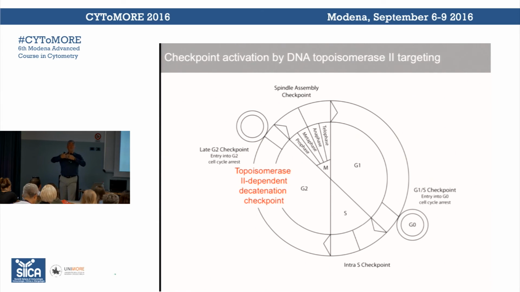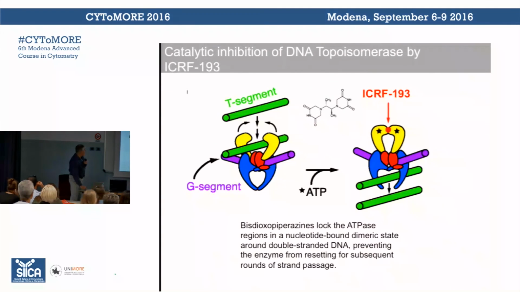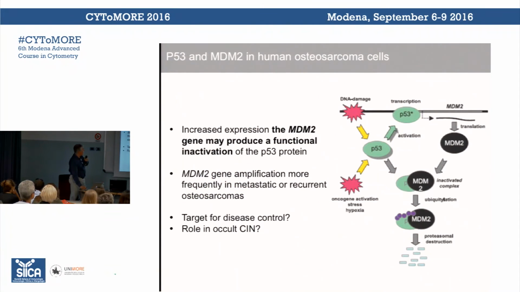You know, there's the checkpoint that is, when it's disrupted, does not allow chromatin molecules to segregate, and therefore they go into a permanent arrest, or they go through mitosis and fail in mitosis and they kill the cell. Right. So if you inhibit this, for example, there's different ways of doing that in inhibition. Here's with a catalytic inhibitor called ICRF193. It blocks the topoisomerase molecules' ability to decatenate DNA.